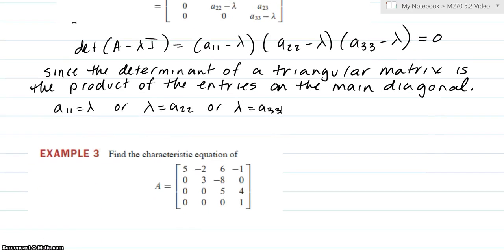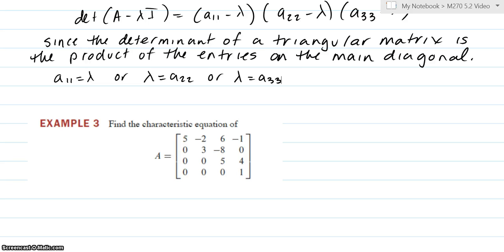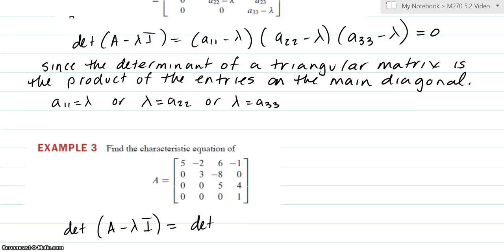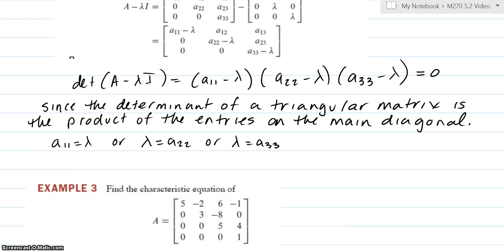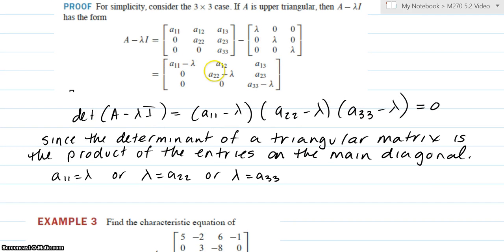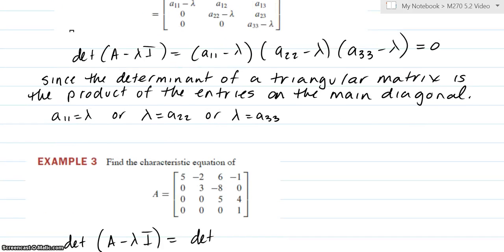So let's look at an example of this. You can see this by this example because it says actually not to find the eigenvalues, but to find the characteristic equation. So let's go ahead and do that. Let's look at the determinant of A minus lambda I. And you can see here the only thing that changes is this diagonal.